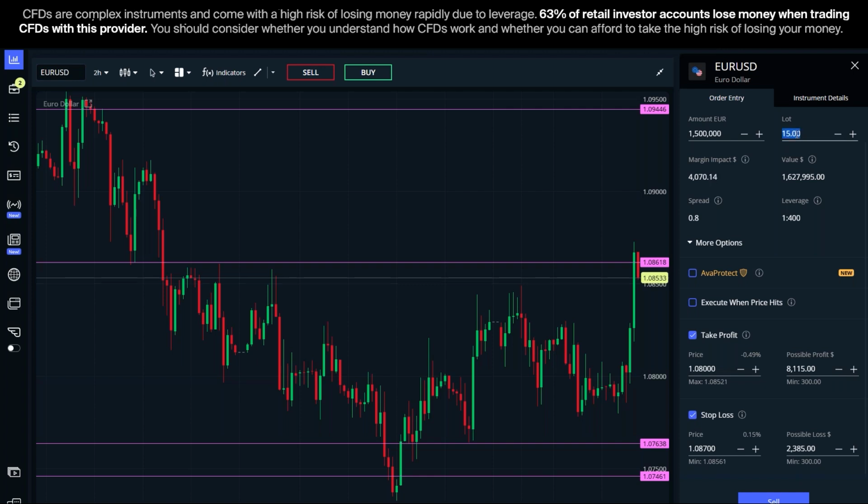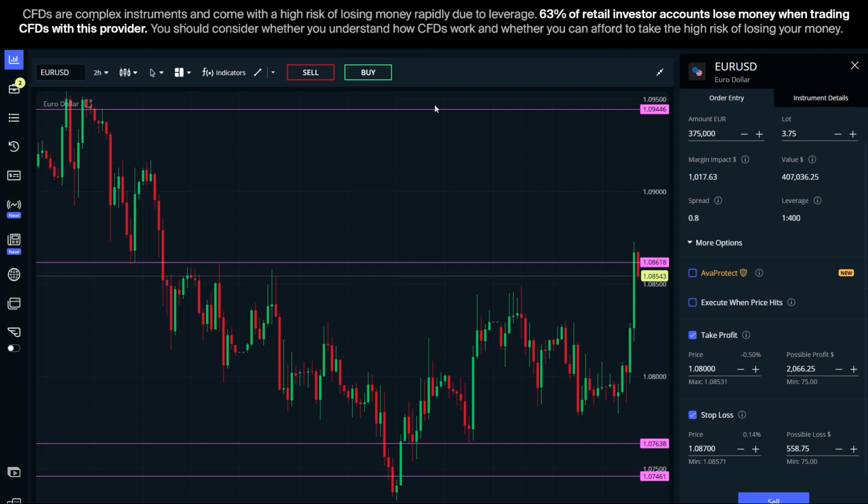If I want to risk only that same general amount on my account, if I do 4 lots, I'm risking about 600, so maybe 3.75.